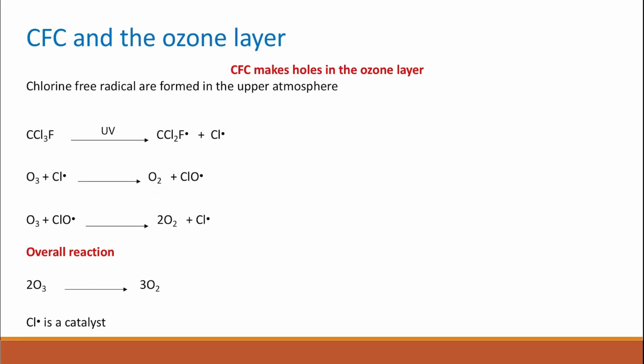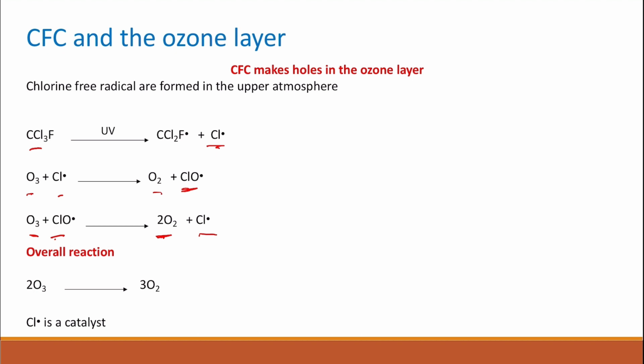The CFC will give you a chlorine free radical that will react with the ozone to give oxygen and a ClO free radical, and then this will react again with ozone to give you more oxygen and the chlorine free radical. So it basically makes holes in the ozone layer by breaking down the ozone, converting it into oxygen.